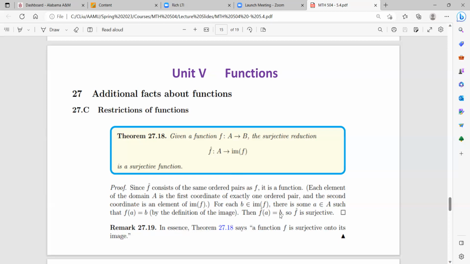So for any b in the codomain, you can always find a pre-image for it. That proves the function f hat is surjective.